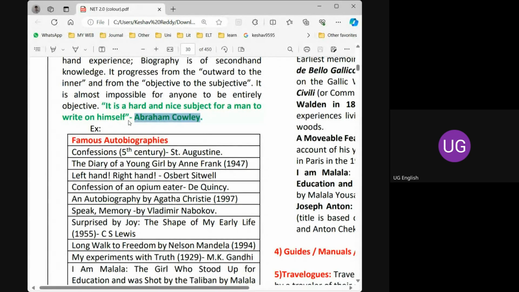Do you know? I have quoted this Abraham Cowley in the previous class. If anyone remembers, please type in the chat box. I'm just taking a 30-second or 1-minute break. Right answer, Aditi, and any other option? I have given one more example also about Abraham Cowley. Any other option, please? Very important person this is.